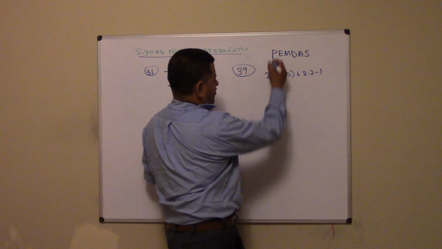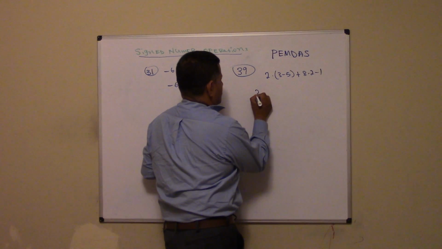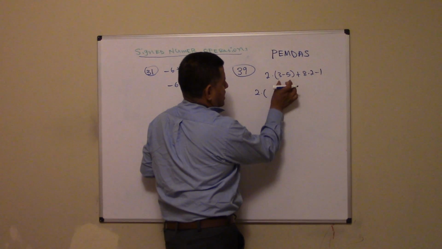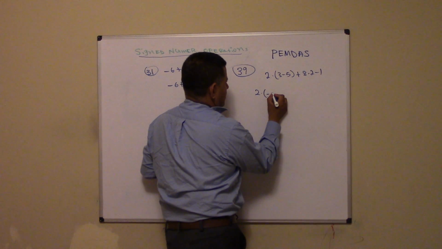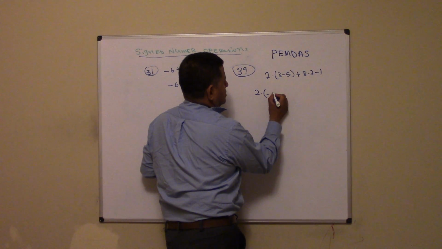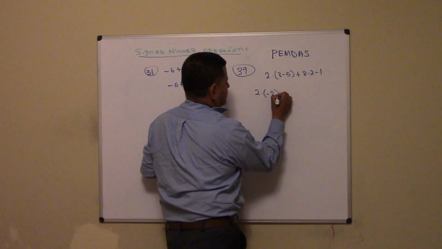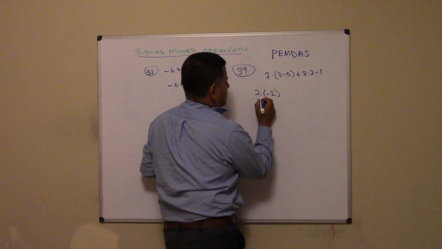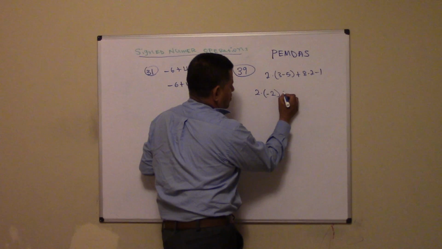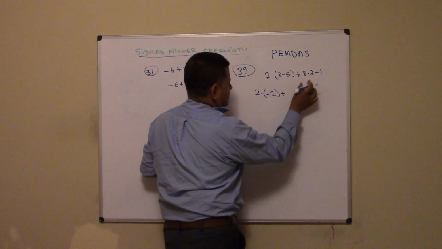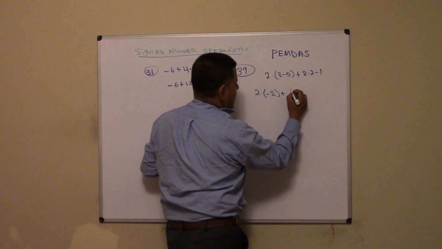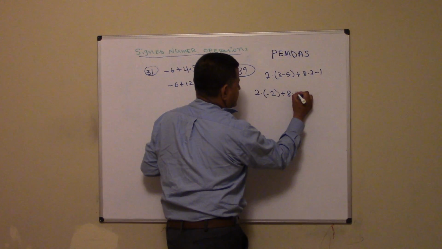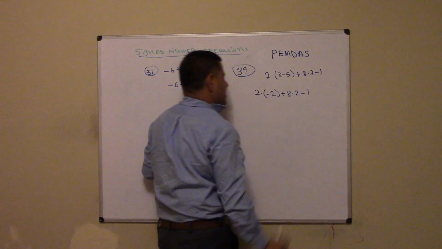Step 1, we do parentheses, right? So 2 times, I do this operation, which is negative 2, right? Okay, 2 times a negative 2 plus, right? Now I am just writing everything step by step, 8 times 2 minus 1, right?